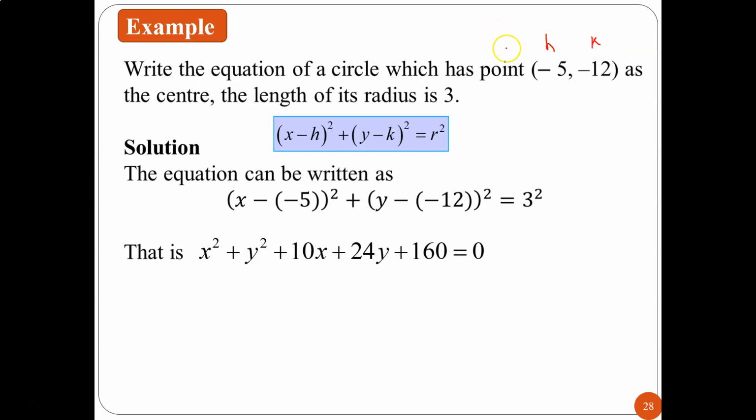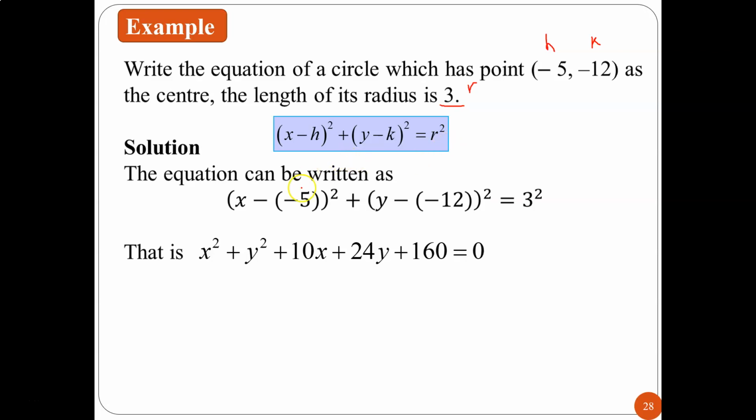Sebab ni dalam bentuk C. Kita kata center dalam bentuk HK. So this is your H, this is your K, this is your R. So we can use this equation, the standard form X minus H square plus Y minus K square equal to R square. Also you have no other option. You have to memorize this, all this form of equation.